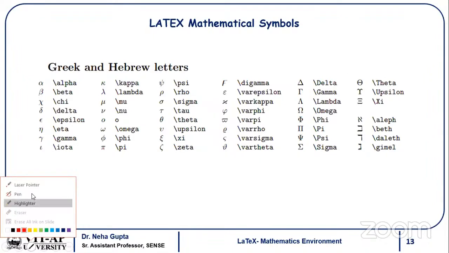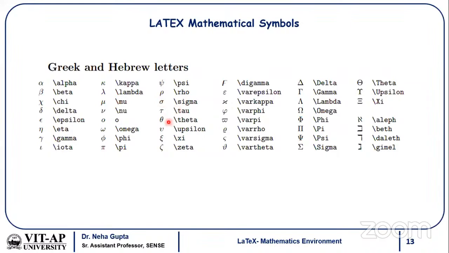For that, in LaTeX we have commands. Whatever name we know, the same thing you have to type. It is very easy also. You know rho, how it will be represented, just type slash rho. This will give you that symbol. Sigma, we know this is called sigma, and you write sigma with the slash. It will give you that symbol.